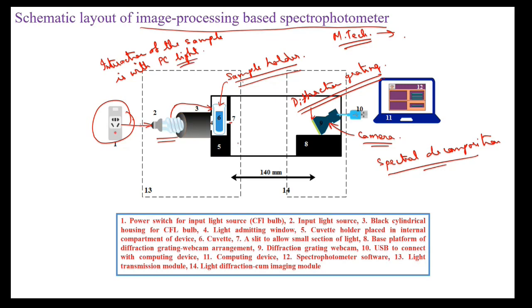Now the decomposition of the polychromatic light happens after the light has interacted with the sample, and it is carried out using a diffraction grating. After it is decomposed, it forms an image over the imaging sensor in the camera.